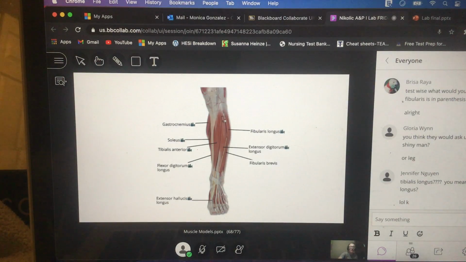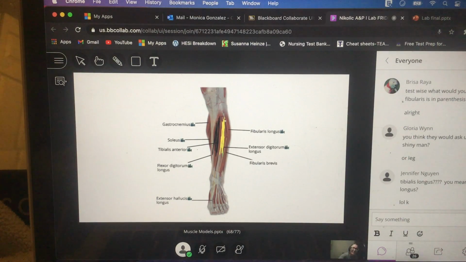Now, on the big leg model, it's very clearly separated. Tibialis anterior, directly lateral to the tibialis anterior is the extensor digitorum, right? Very clear, extensor digitorum. And this addresses Sophia's question from earlier.